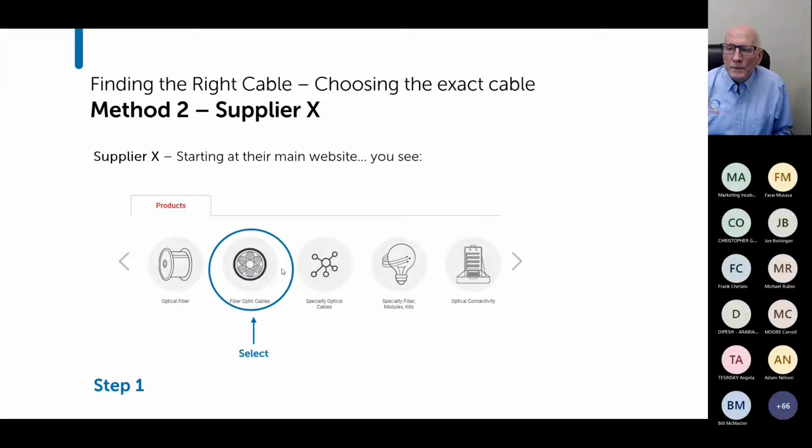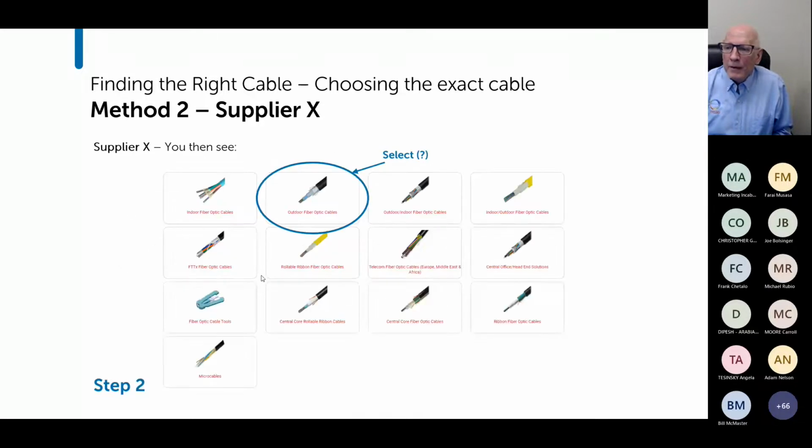You go to their main website, you see optical fiber, fiber optic cables, and some other stuff. So let's select the fiber optic cables. You then see this screen. I don't see ADSS, but I do see outdoor fiber optic cables. ADSS is used outdoors, so let's select that.